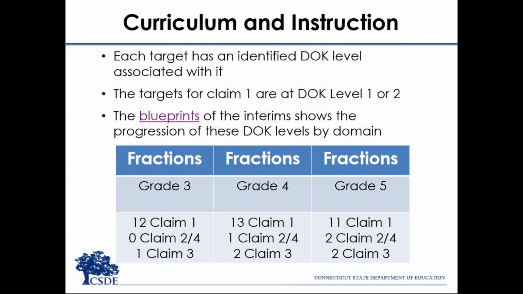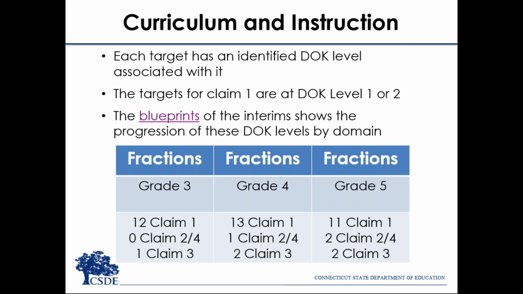Just like on the comprehensive assessment, there is a blueprint. There is a blueprint that goes for each of the blocks in the Smarter Balanced Interim Assessment System. These blueprints provide another way for you to have vertical meetings in order to make sure that your instruction and curriculum is meeting the needs of the standards.